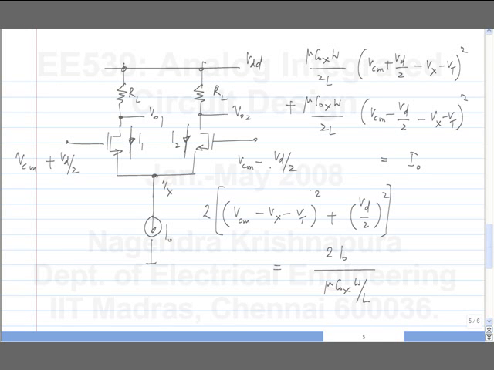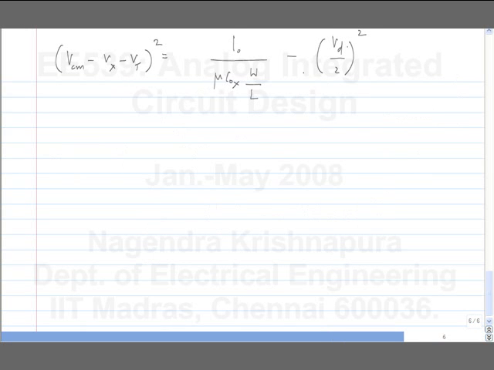So maybe I'll define it separately in the beginning, and after that I'll take the difference. So what is VO1? What is the value of VO1? It's VDD minus I1 R1, that's all. Similarly, VO2 is VDD minus I2 R2. So from this we'll be able to figure out what that is.